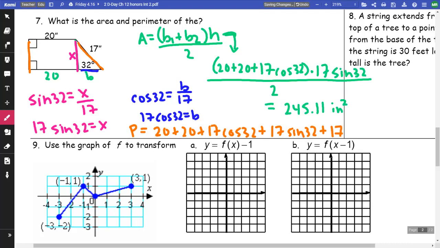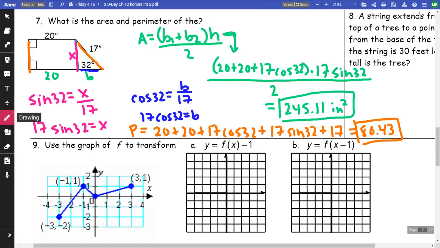And so when I put that all in my calculator, I got 80.43 as my answer. And in terms of units, this would be inches.